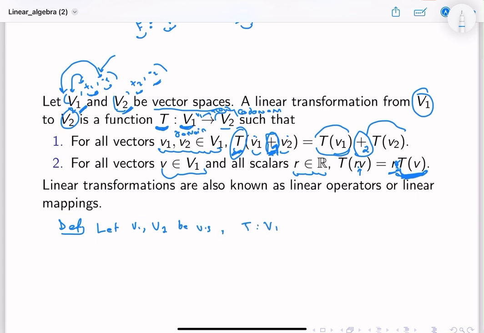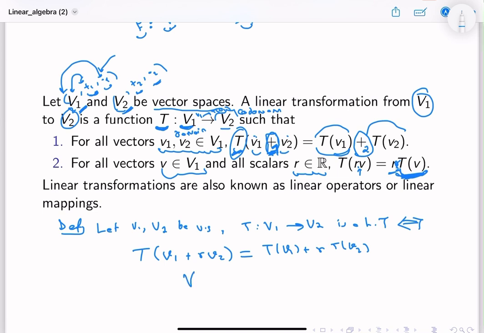T from V1 to V2 is a linear transformation if and only if T of V1 plus R V2, so these are vectors, is equal to T of V1 plus R T of V2. So this should happen for every V1, V2 in big V1, and for every real number R.